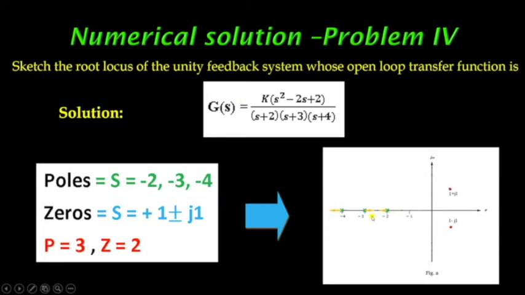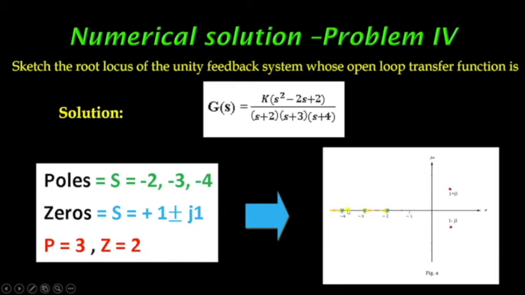Then find where the root locus exists on the real axis. If we consider any point between -2 and -3, the number of poles to the right is only 1, which is odd, so the root locus lies between -2 and -3.